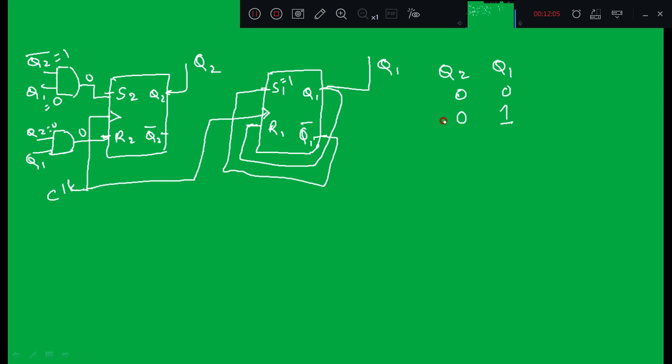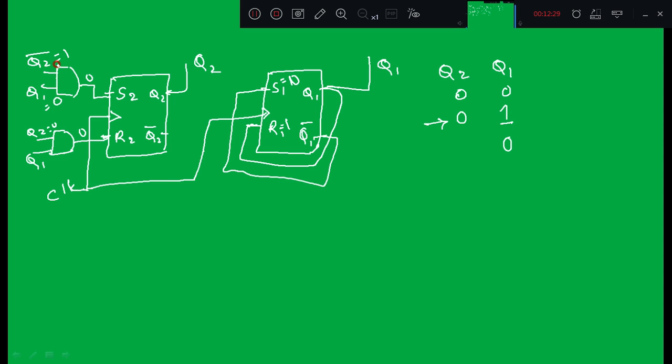Next, for state 0 1, Q1 is 1, which is connected to R1, and Q1 bar is connected to S1. That means S1 becomes 0 and R1 becomes high, so the second flip-flop resets and Q1 is 0. Next, what happens to the first flip-flop?